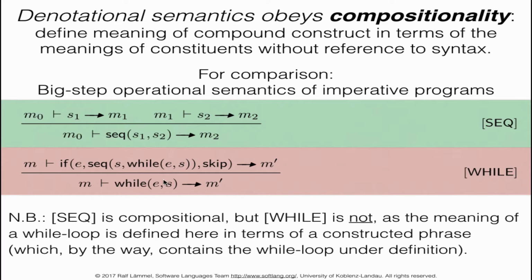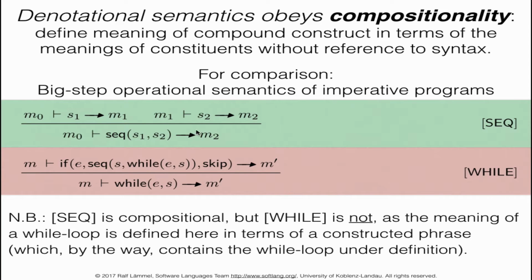So we have two rules here of a big step operational semantics: the rule for sequential composition of statements and the rule for while loops. It turns out that the rule for sequential composition is what you might call compositional. Compositionality, though, is violated by the rule for while loops.